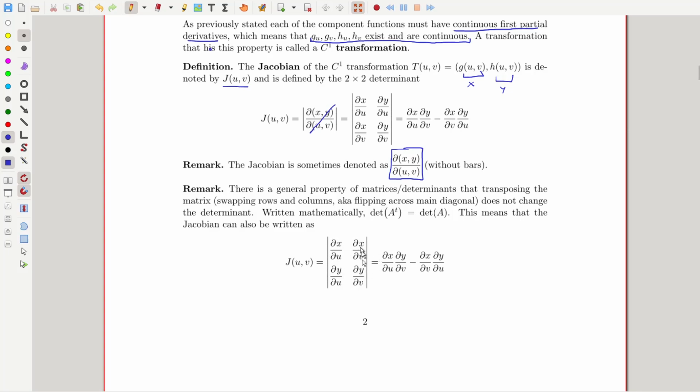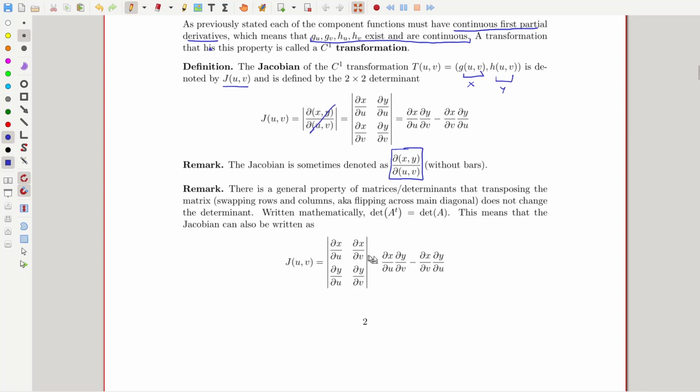And this is probably more comfortable for us, because this feels very similar to the gradient. With the gradient, we took all of the partial derivatives of a particular function. So it's like we're taking multiple gradients, right? We're taking the gradient of x, we're taking the gradient of y, and we're combining it all together into a matrix.